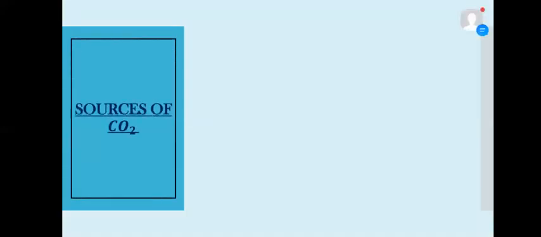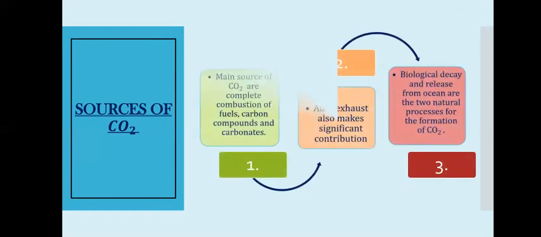Now we will be discussing the sources of carbon dioxide. When it comes to the sources of carbon dioxide, the three primary sources are, the first one, as I already mentioned, the complete, I stress on this word, complete combustion of fuel and carbon containing compounds, as well as carbonates. I was referring to magnesium carbonate and calcium carbonate.